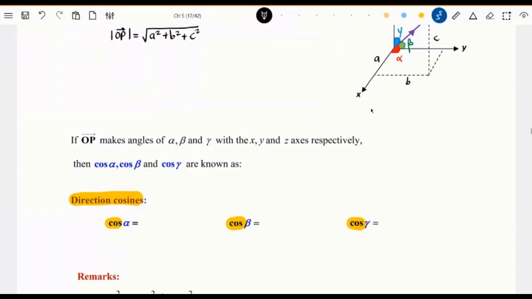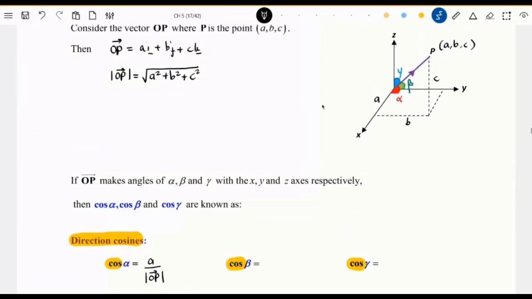So it's gonna be A over magnitude OP, sebab dia pecah, dia melibatkan A, B dan juga C. So for cos beta, we can have B over magnitude OP. And then for cos gamma, we can have C over magnitude OP. So that's what we call direction cosine.